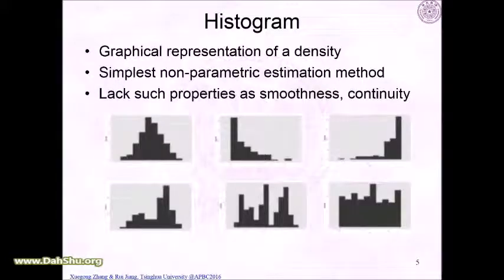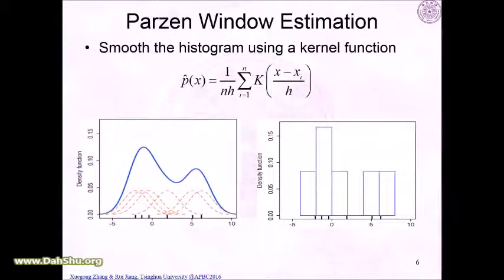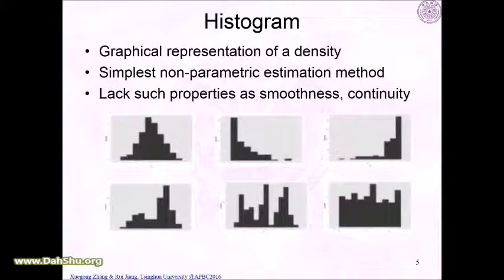The simplest method for density estimation is a histogram, which is a kind of non-parametric estimation. We don't have a parametric model for the density. We just get the histogram. Of course, this histogram will not be smooth unless you have a lot of data.